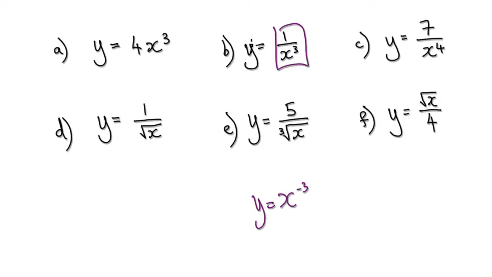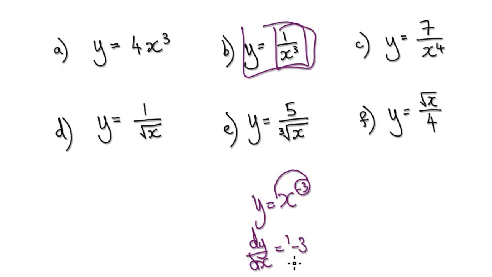So this thing is exactly the same as this thing, but just written differently. So now that it's in this form, we can differentiate it. So dy by dx equals, well, the power comes down, so that will be -3. The x stays the same, and then the power gets minused by 1, so that would be to the power of -4.